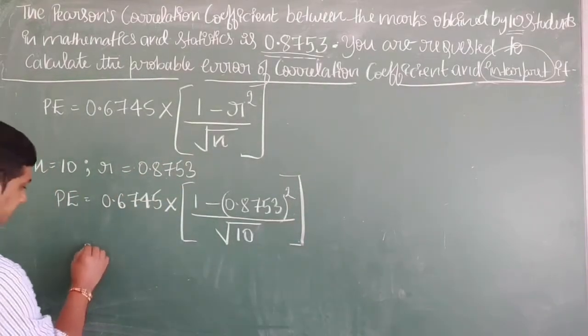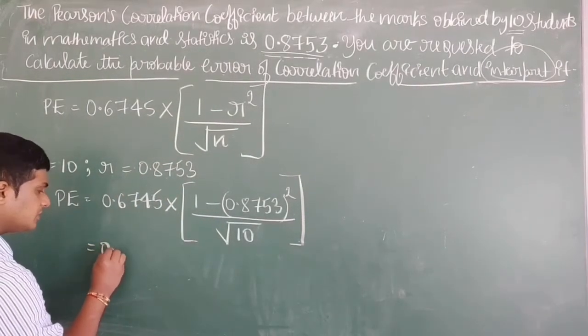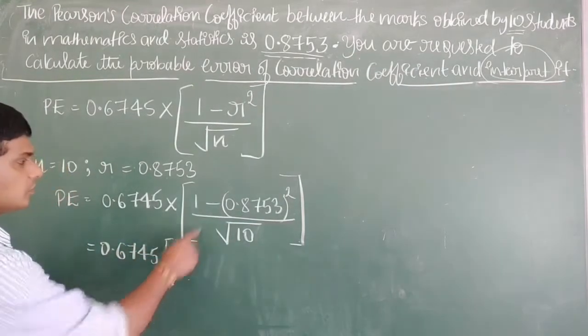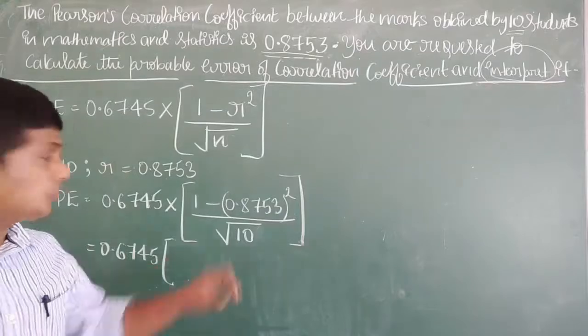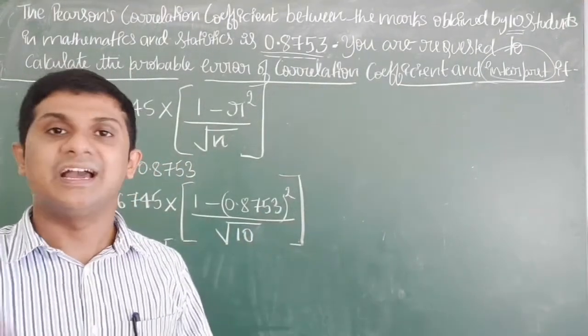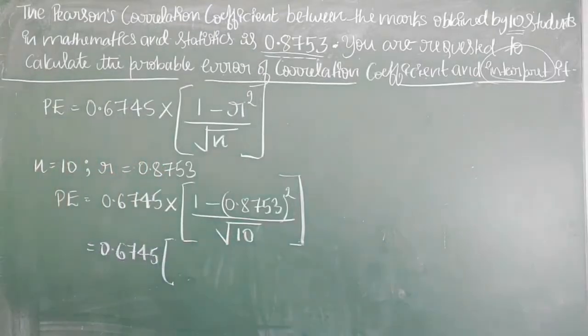This is after substitution. Now let us calculate the value. This will be equal to 0.6745 into (1 minus the square of 0.8753). I'll use the calculator; you can use your calculator.